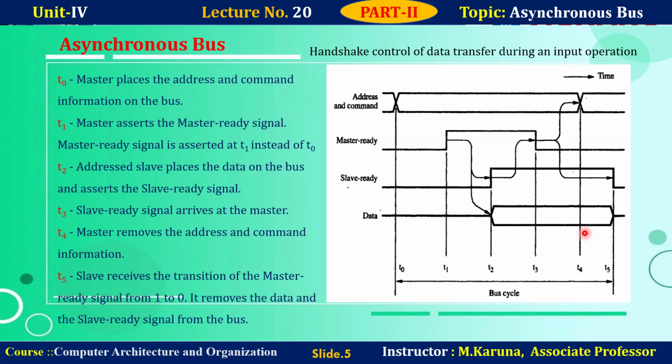At T4, the master removes the address and command information from the bus. At T5, the device interface receives the 1 to 0 transition of the master ready signal. It removes the data and slave ready signal from the bus.